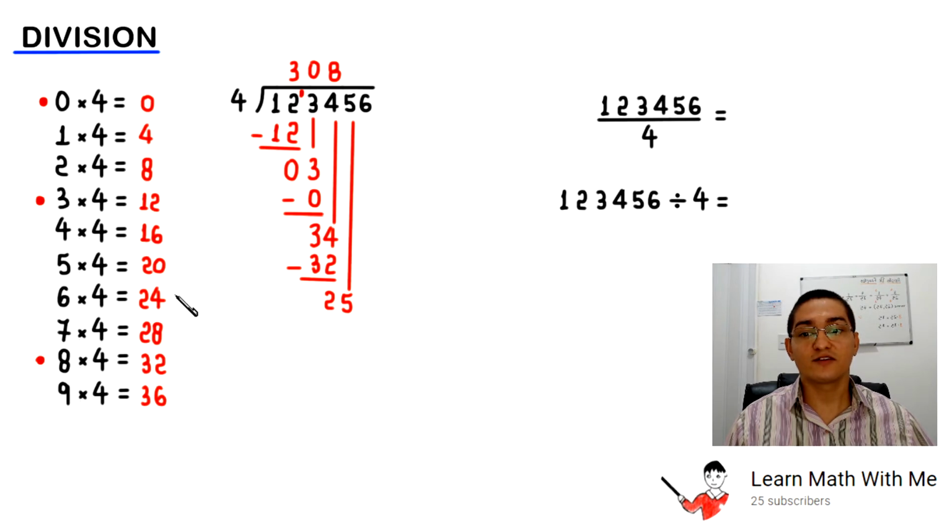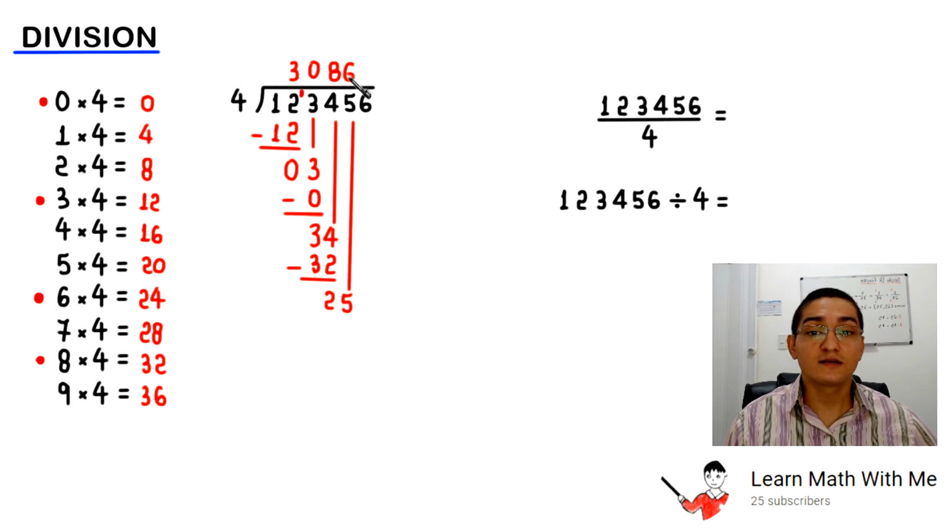Notice that 25 is between 24 and 28, so the number we are looking for is 6. We see that 6 times 4 equals 24, but 7 times 4 equals 28. That is too much because it goes over 25, so we stay with 6.